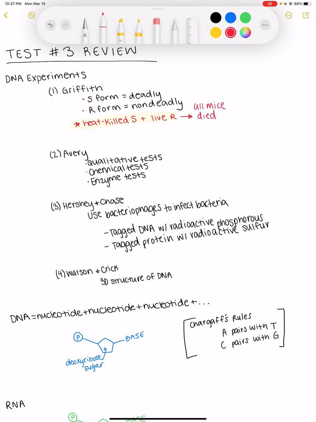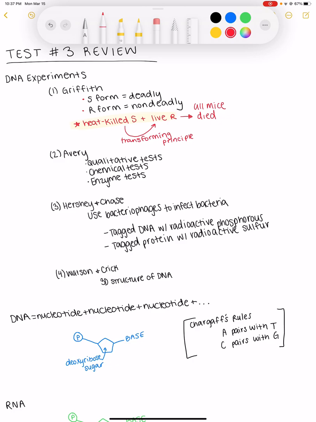And so based on this, he concluded that something from that S deadly form of the bacteria must have transformed the R form of the bacteria to make the R form deadly. So he identified a transforming principle, and that was his overarching conclusion. Something was transforming in this process.